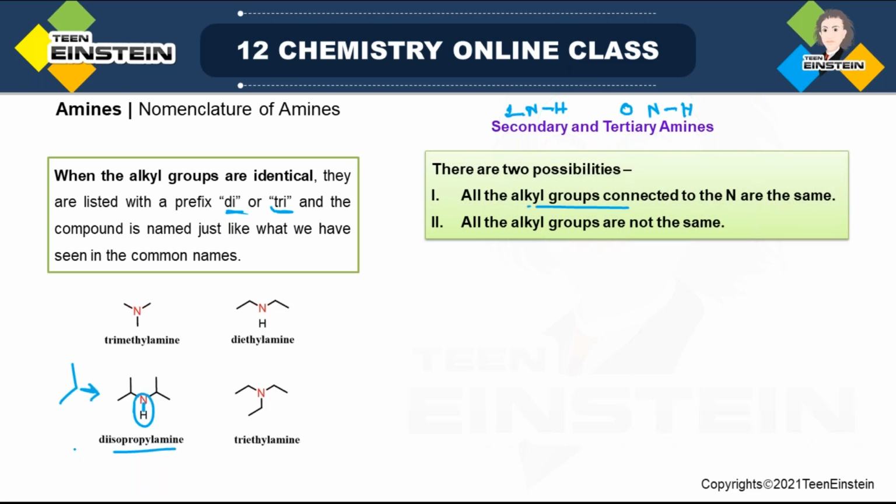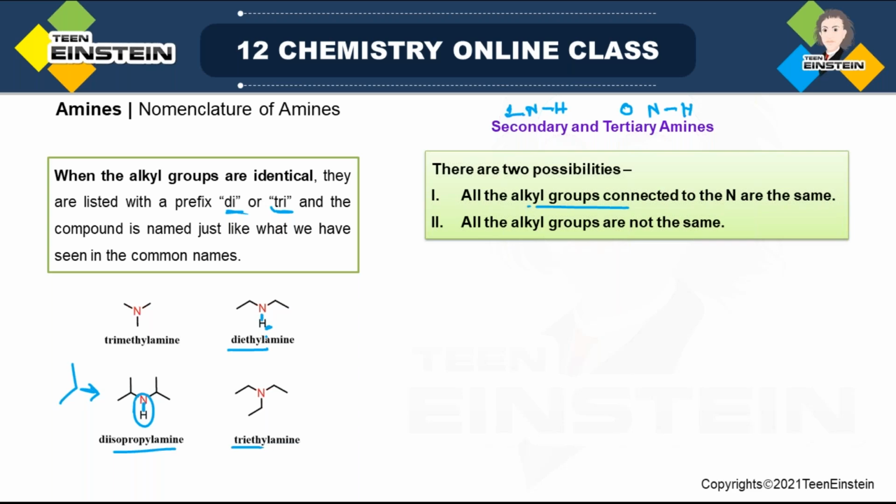If it were terminal, it would simply be propyl, but as the middle carbon is connected with nitrogen, it is isopropyl, and 2 isopropyl. So di is used, and then simply amine. And if it is tertiary, then triethylamine. Depending on whether there are 3 alkyl groups or 2 alkyl groups, you can mention either di or tri. So diethylamine, where diethyl means 2 ethyl groups attached to the nitrogen.